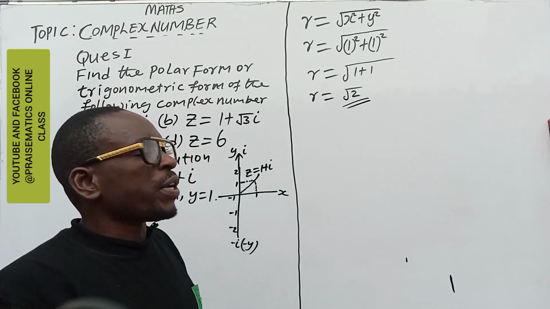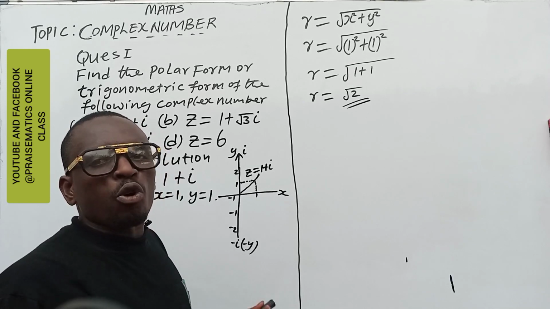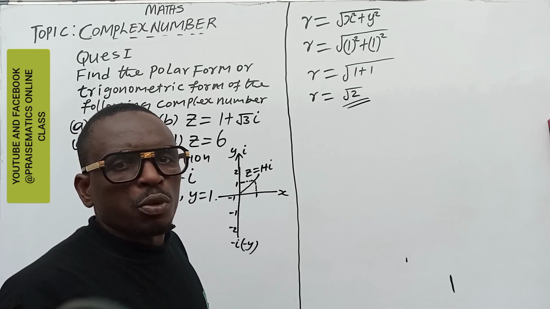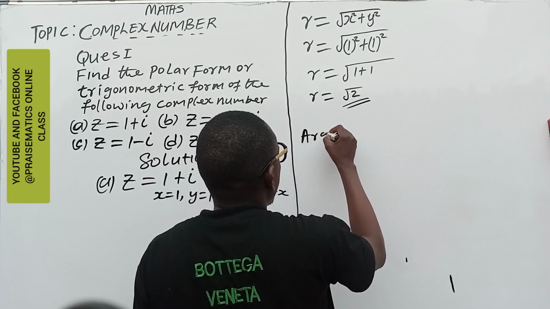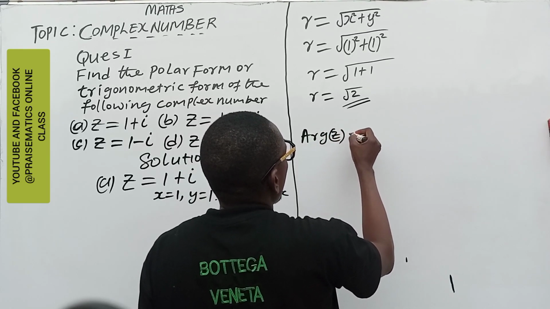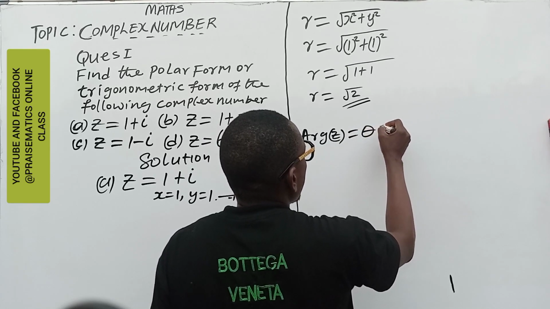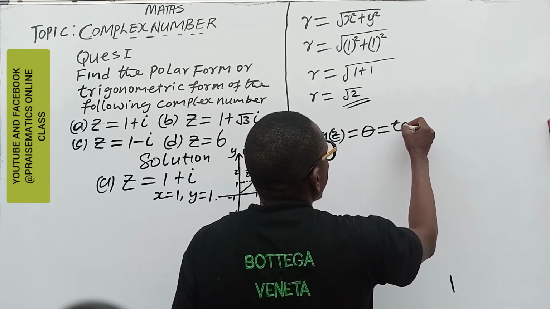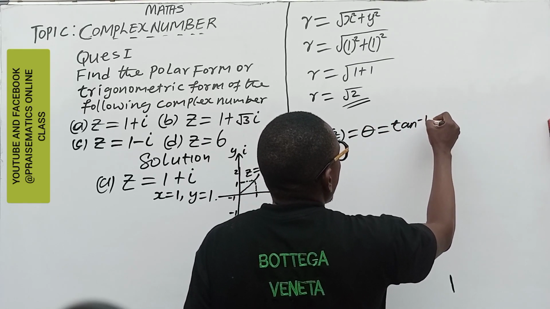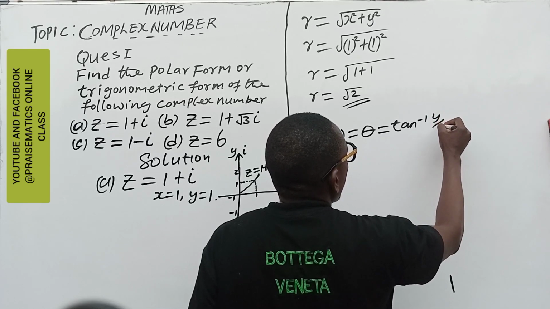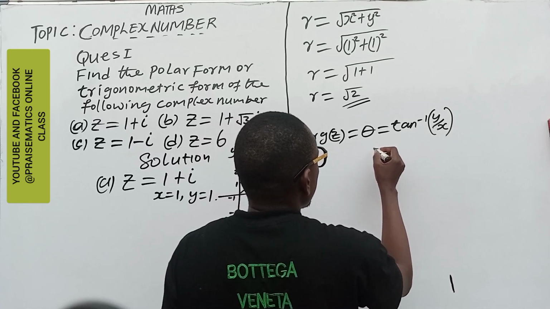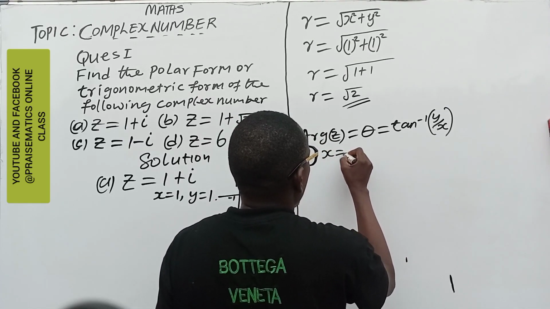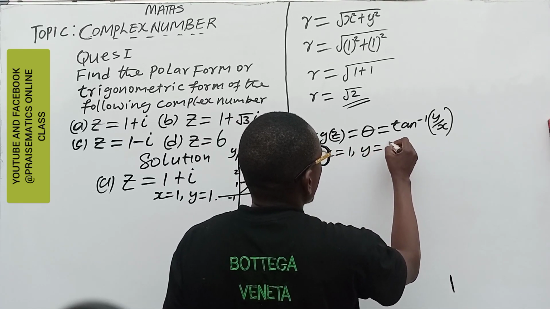The third step now is to find the argument or the amplitude. The argument is denoted by arg z is equal to theta, and theta is equal to tan inverse of y over x. And here x is equal to 1, y is equal to 1.